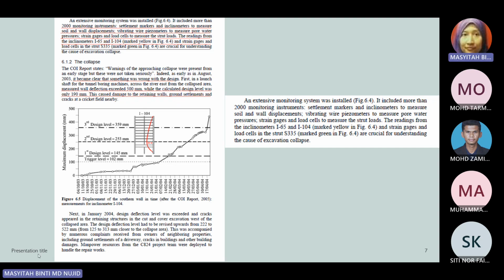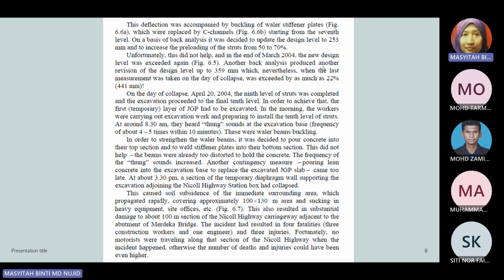So it showed that in early January 2004, the design deflection level was exceeded and cracks appeared in the retaining structure in the cut and cover excavation west. These are the explanations of how it started leading to the excavation collapse. The deflection was accompanied by buckling of hollow stiffener plates, which were replaced by C channels starting from the 7th level.